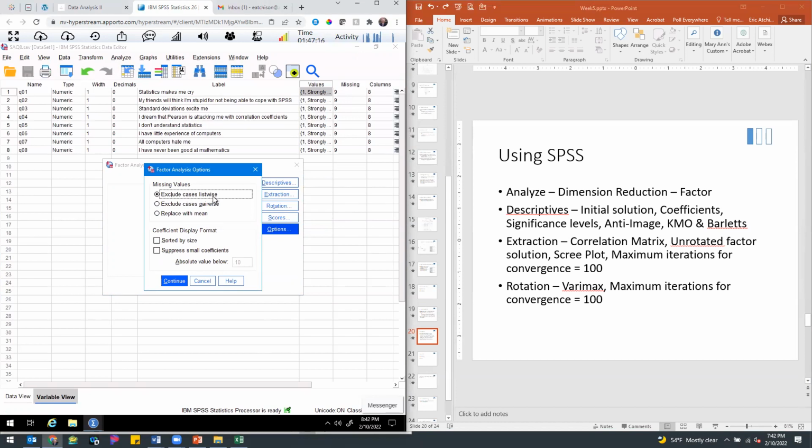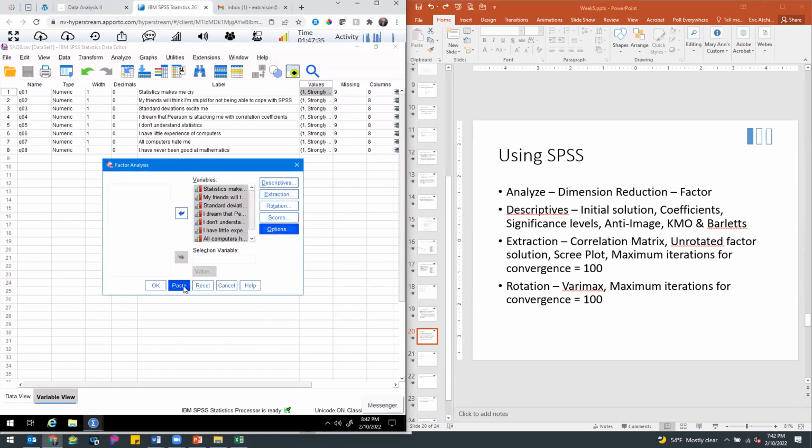What that means is if we don't have all of the item scores for all the items, then that one response will come out. So if someone entered item number 3 but not item number 4, that person is taken out of the sample. And that's usually the best practice.